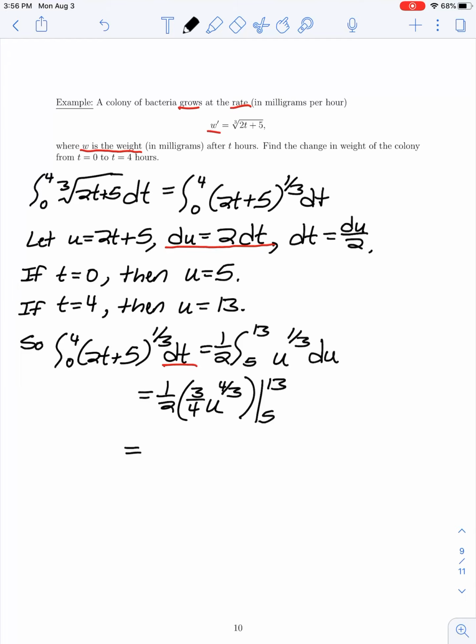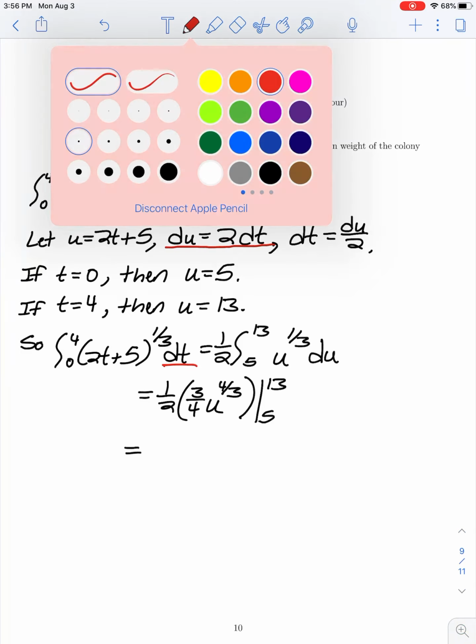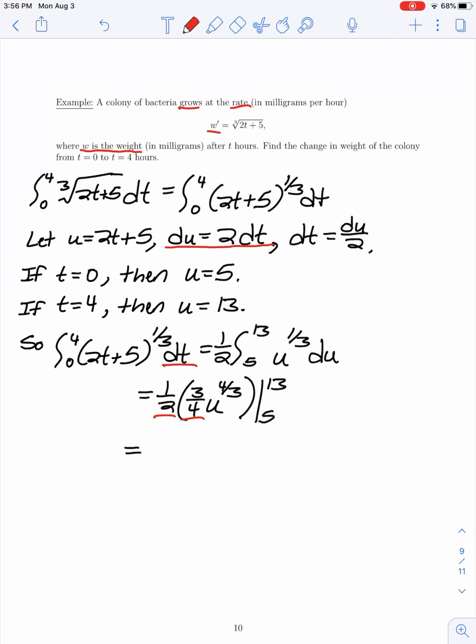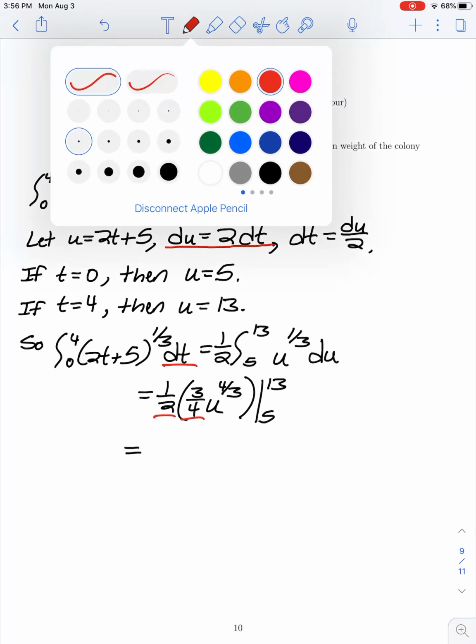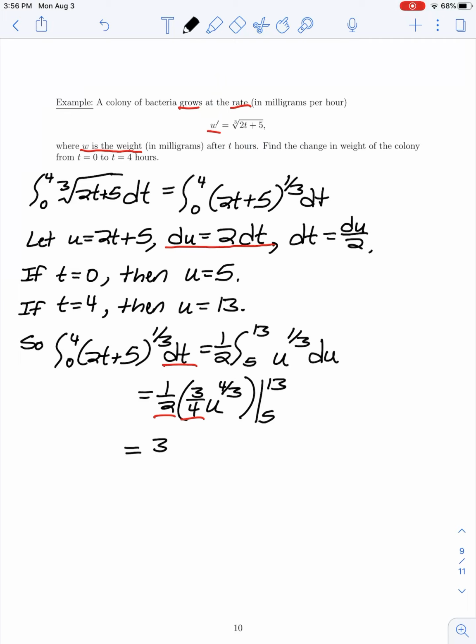Simplifying our answer a little bit, when we multiply our two fractions, 1/2 and 3/4, we have a value of 3/8. Then we evaluate by substituting 13, the upper limit of integration, in for u, so we would have 13 to the 4/3 power, minus, when we substitute 5 in place of u, 5 to the 4/3 power.